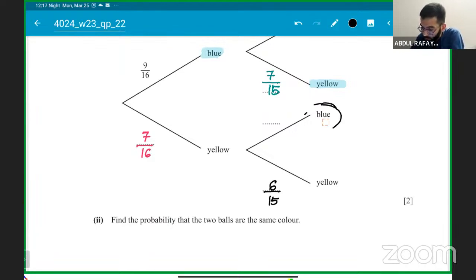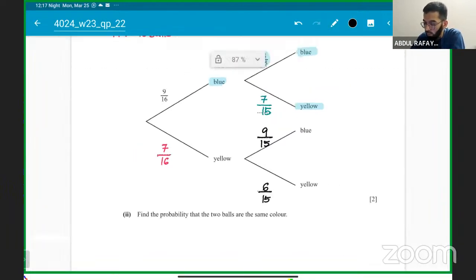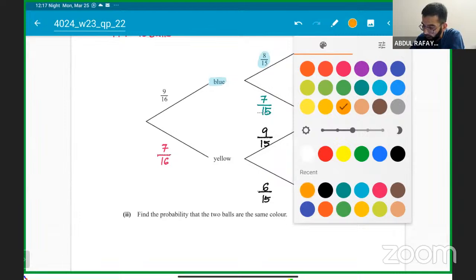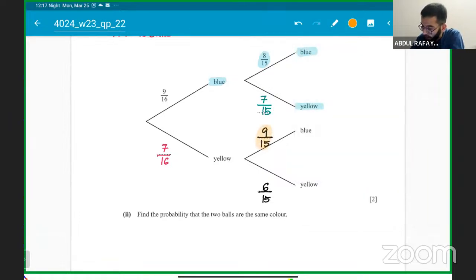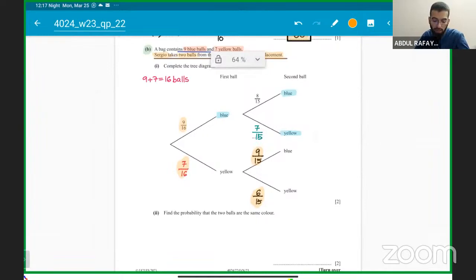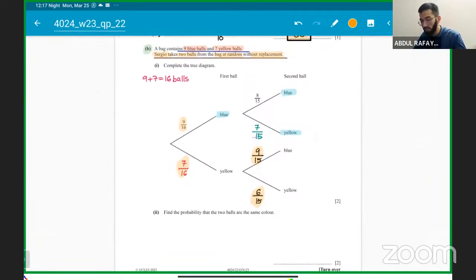And it will be the first blue ball that you will take if you are trying to make a pair of it, so it will be 15 in the denominator and 9 in the numerator. Make sure everything adds up to 1. Students, always remember the best check is to add them and get the value as 1, because the total probability can be maximum 1.